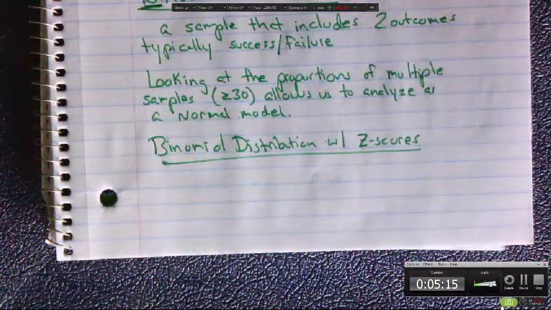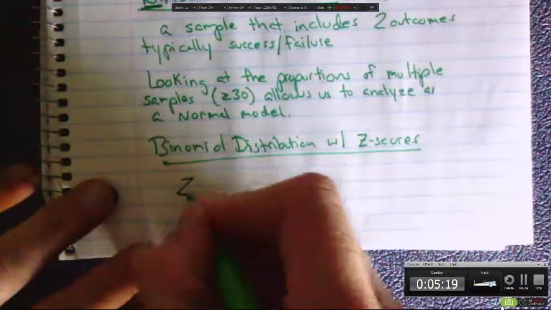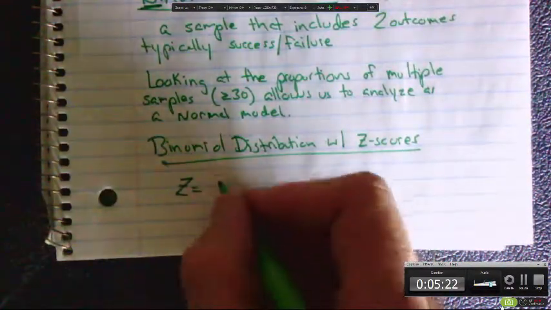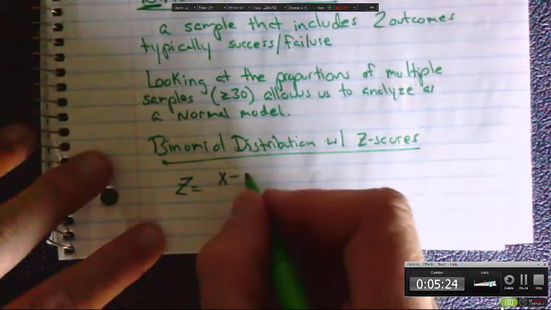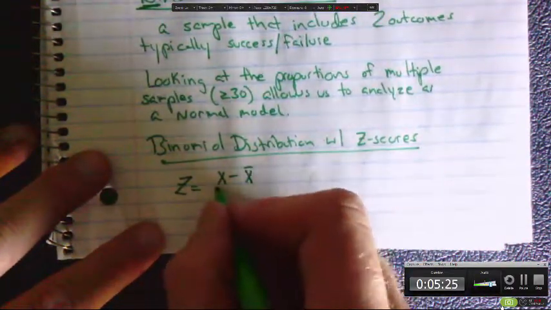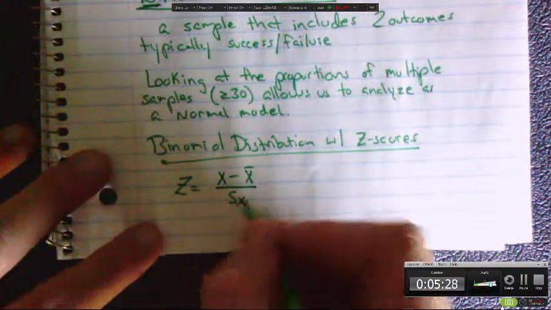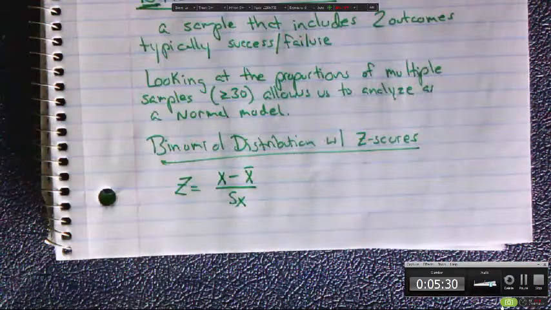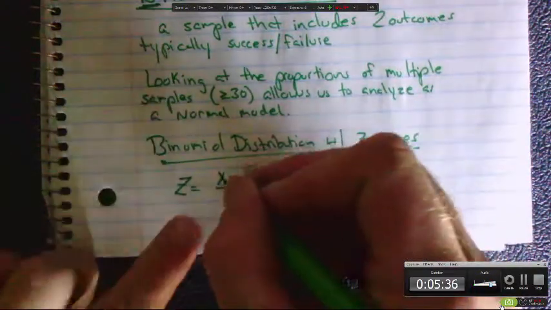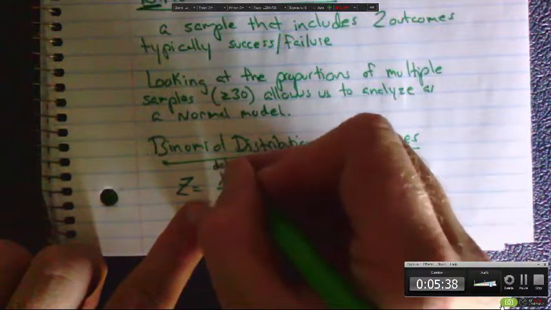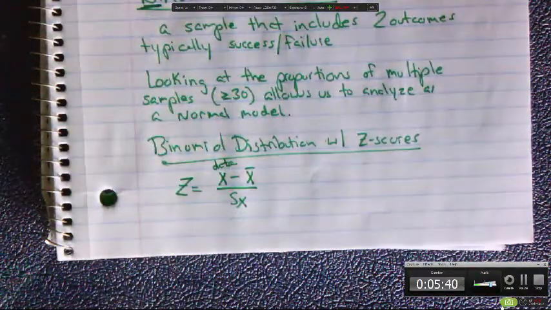Let's go back and recall what the z-score formula is. It's z equals what? x minus x bar over the standard deviation. x represents your outcome, the raw data, like your raw test score.